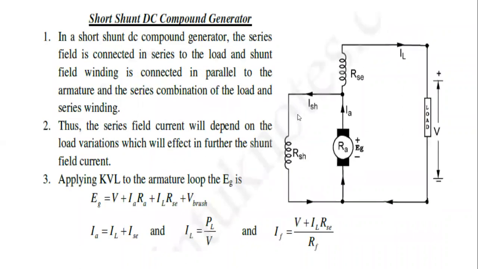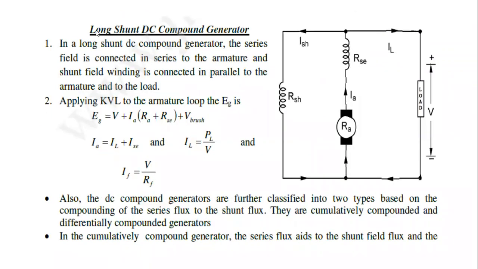Short means the shunt field winding is connected only in parallel to the armature. Long shunt means the shunt field winding is connected in parallel to both the combination of series field winding and the armature. Then it is called the long shunt compound generator.